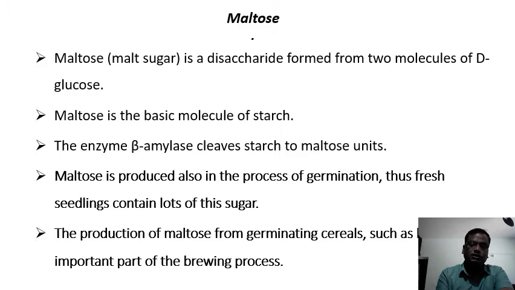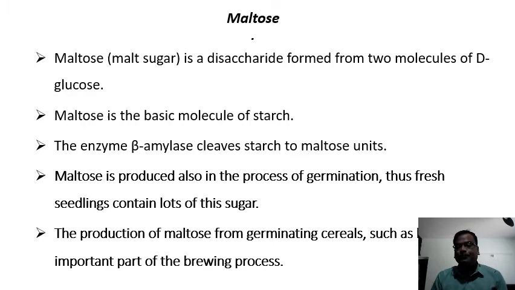The starch which is stored in the seeds is going to be broken down into maltose, so that the cells, germinating seed is nothing but a plant which is emerging, and the cells are dividing, and the cells need a lot of energy for that process, and they are going to use this maltose as a source of energy. So therefore we can expect the sprouting seeds or germinating seeds contain very large quantity of maltose.